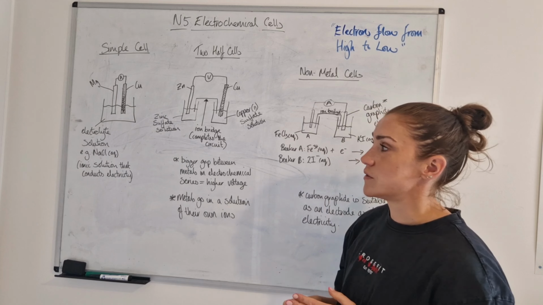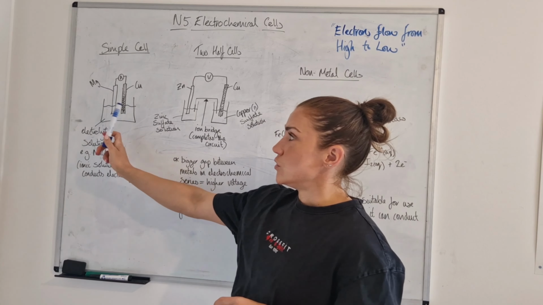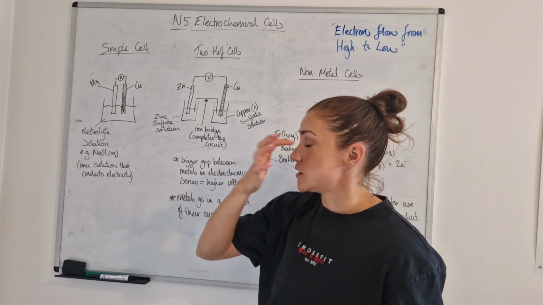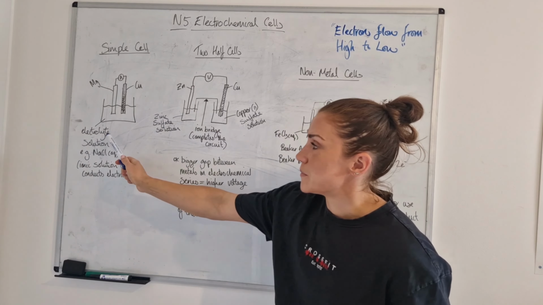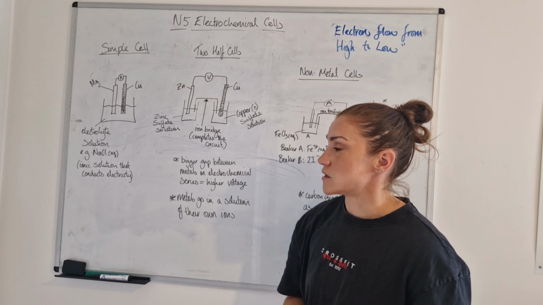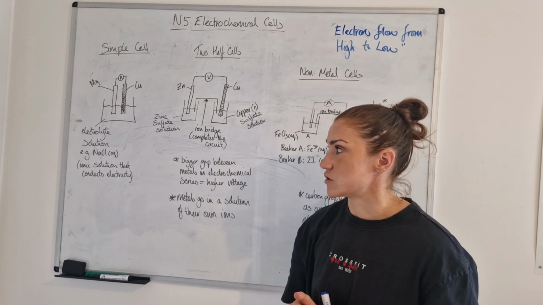So if we start off with a simple cell, it's essentially just 2 different metals in what we call an electrolyte solution. So you'll need to remember this term, electrolyte solution. And an electrolyte solution is essentially just any ionic solution that will conduct electricity.